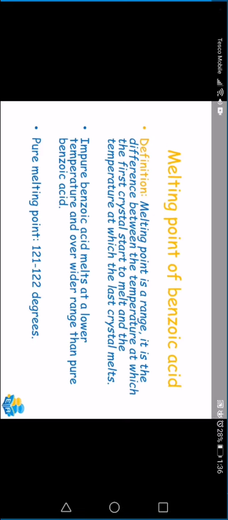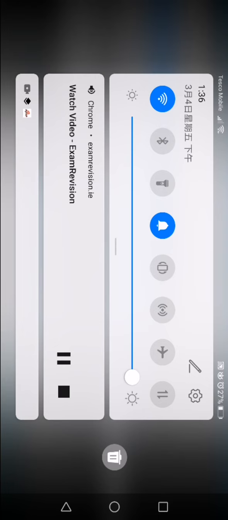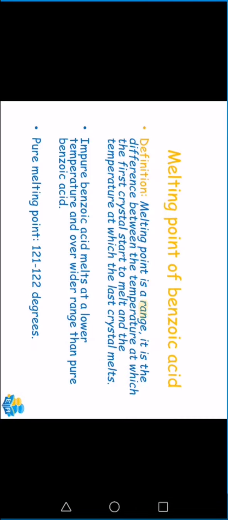The last experiment that you would do with your benzoic acid will be to measure your melting point. To start this, it's important to know what melting point is. Our definition is that melting point is a range, and it is the difference between the temperature at which the first crystal starts to melt and the temperature at which the last crystal fully melts.